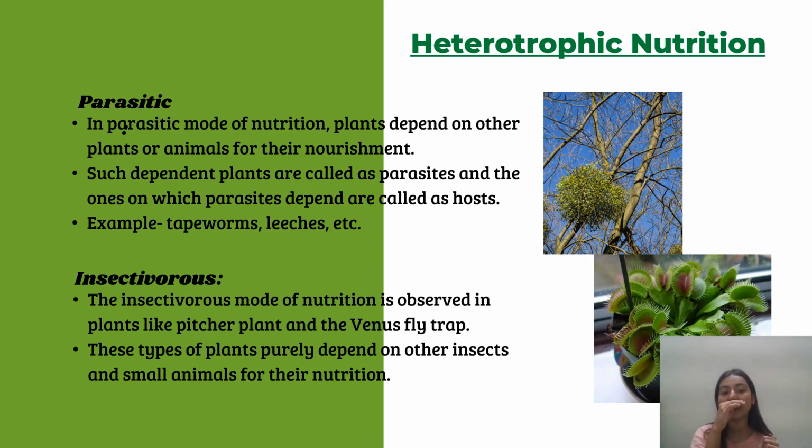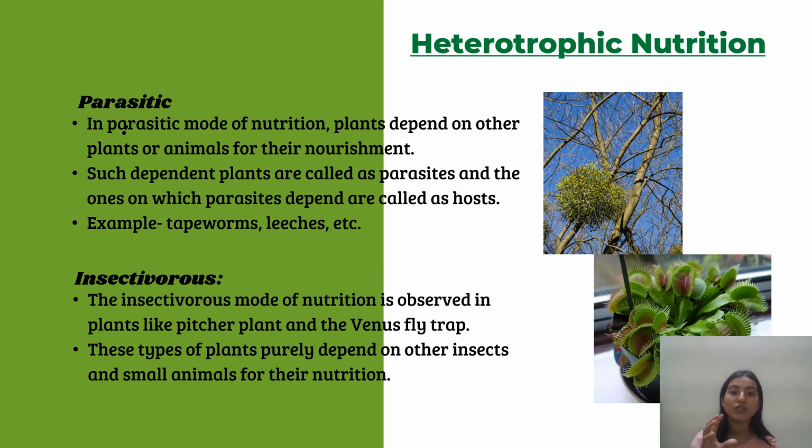Now let's talk about the insectivorous plants. The insectivorous mode of nutrition is observed in plants like pitcher plant and Venus flytrap. These are two examples of plants which are insectivorous in nature. What does a Venus flytrap do?